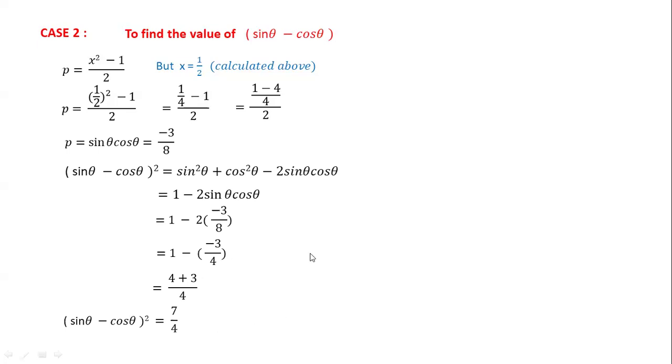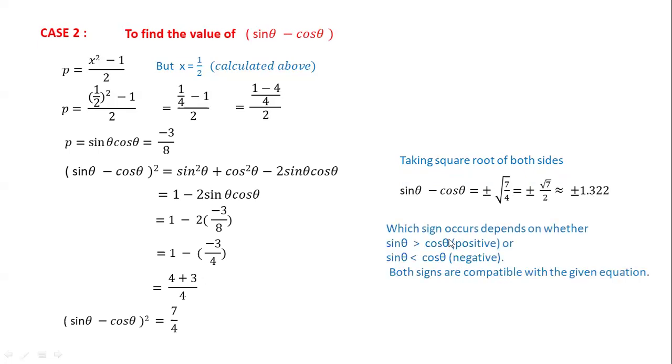Take square root of both sides. It will become sin theta minus cos theta is equal to plus minus root of 7 upon 4. So square root of 7, you write it as it is, but square root of 4 is 2. So it is plus minus root 7 upon 2, which is approximately equal to plus minus 1.322. Now see, the sign depends on whether sin theta minus cos theta is positive or negative.